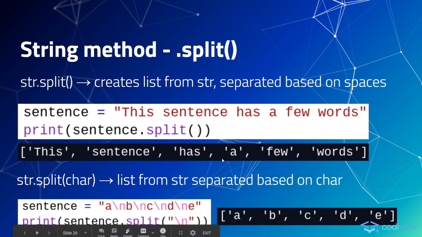And if I wanted to get just A, B, C, D, E in a list, I could use the split method and split it based on where the \n is. So instead of using just a blank space to determine where to split the string, it will split it based on \n. Now, see that we have A, B, C, D, E in our list.